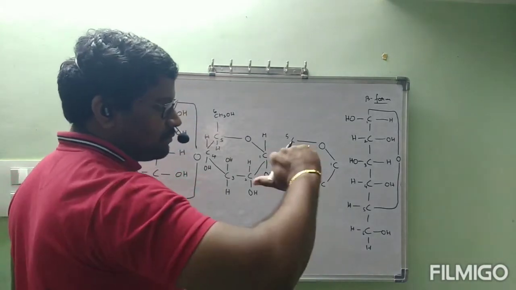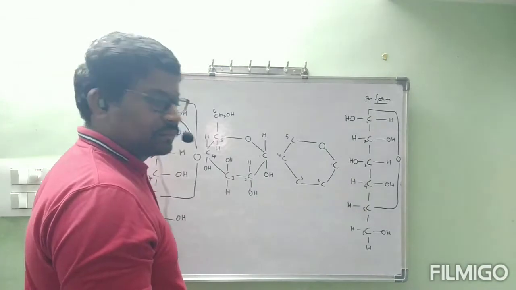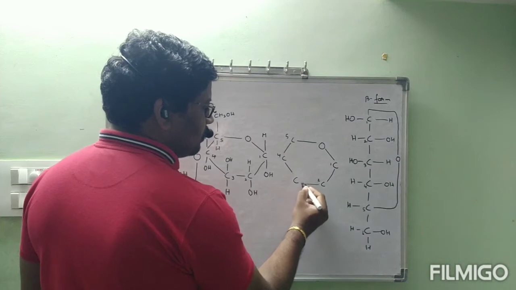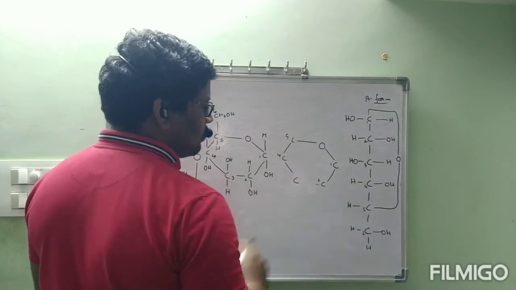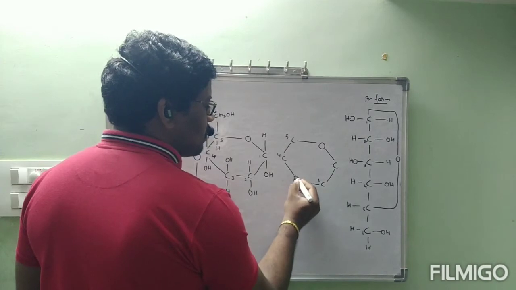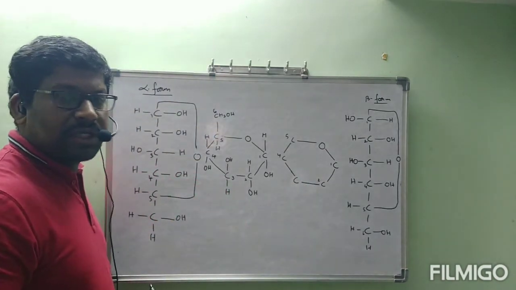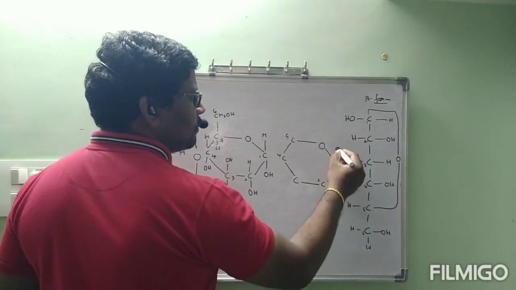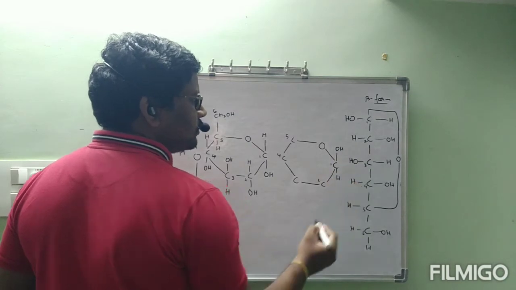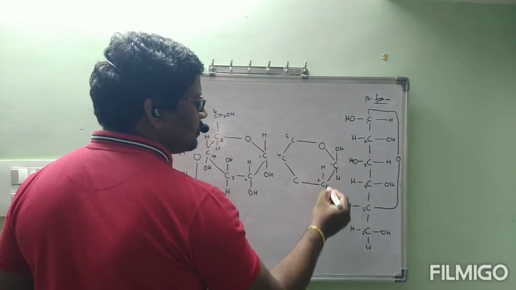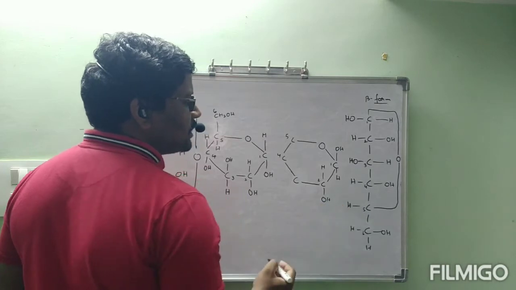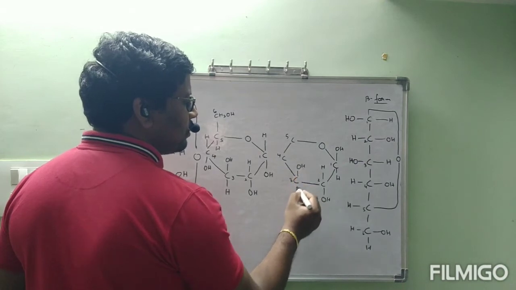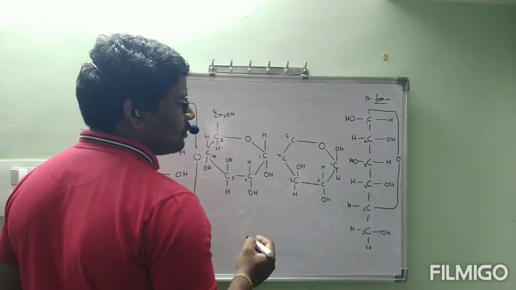Okay, now the same clockwise direction rotation. Now the first carbon: OH is above, H is below. Second carbon: H is above, OH is below. Third carbon: OH is above, H is below.